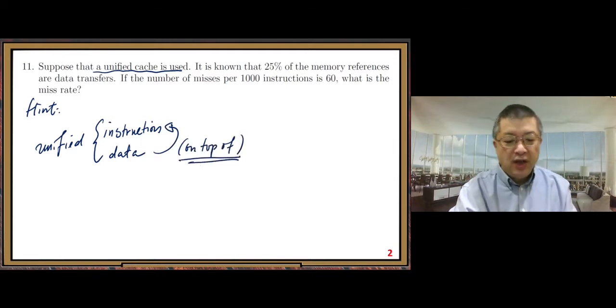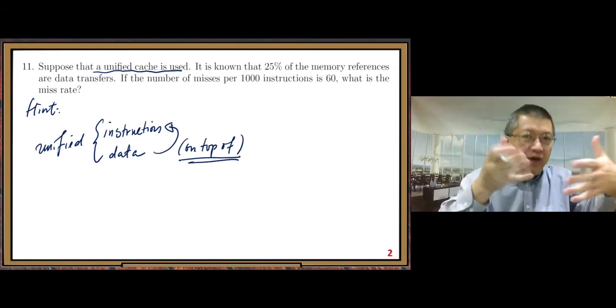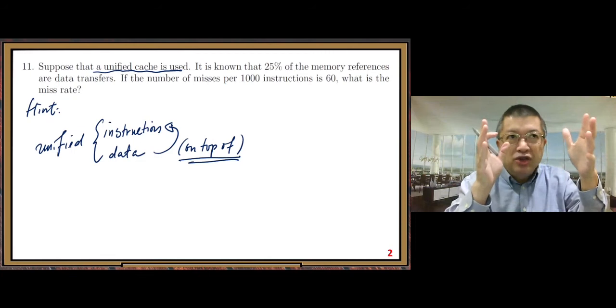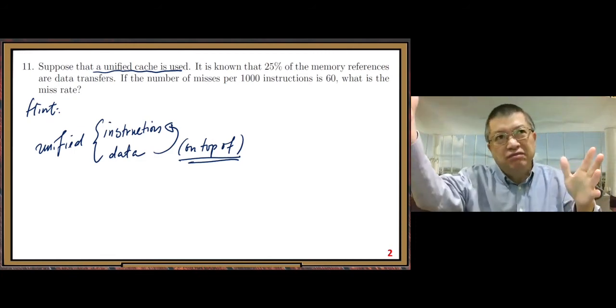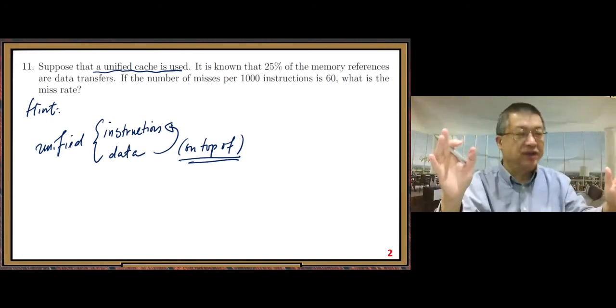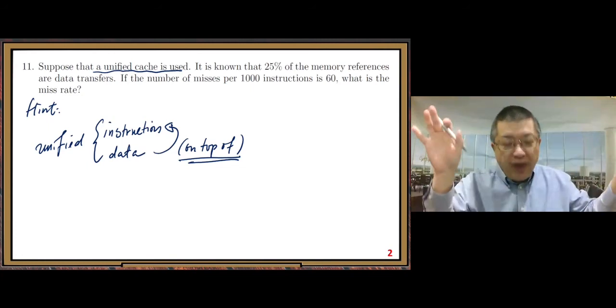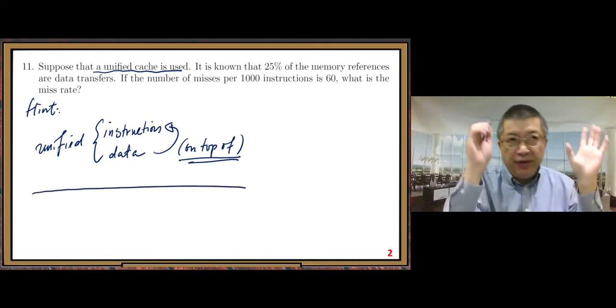That means every time you need to load the instruction first, but some of the instructions may require data access. That whole thing we describe using a diagram in this way.